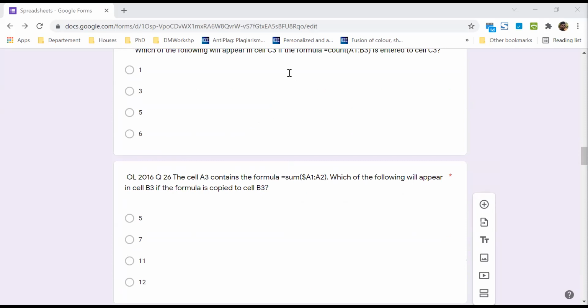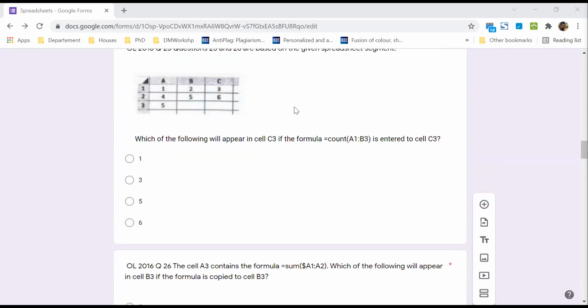So in A3, we have this. What is A3? We have equals SUM of $A1 to A2. And we are copying this to B3.